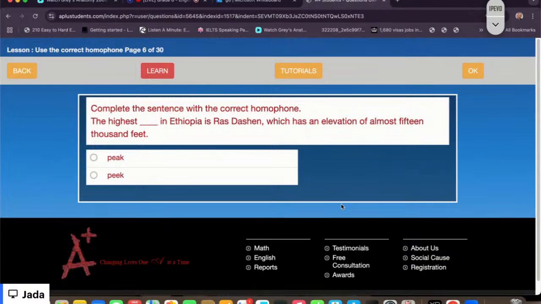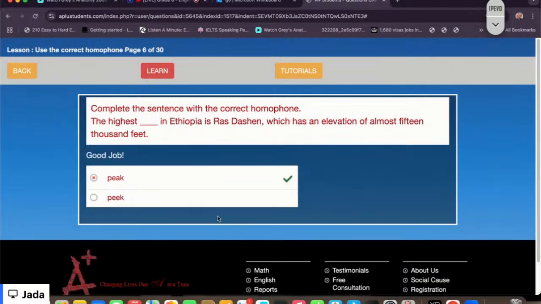First to second. All right, so option one is correct.